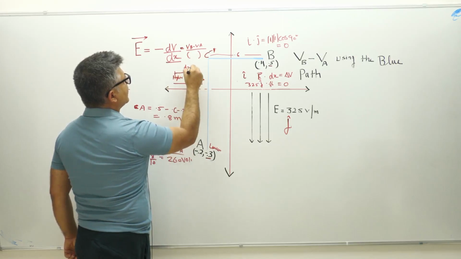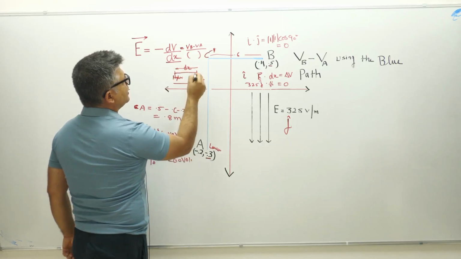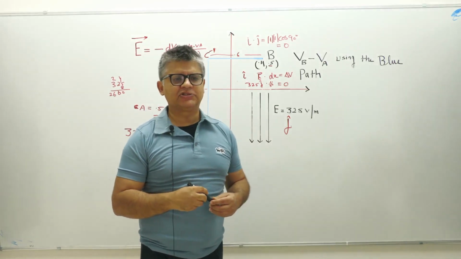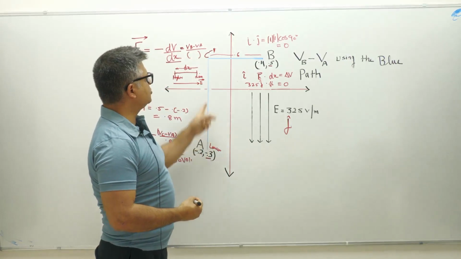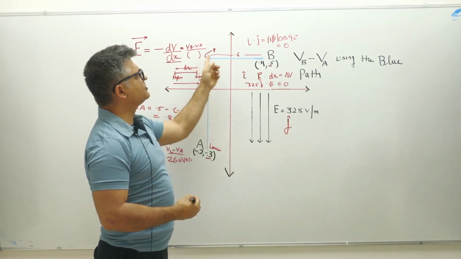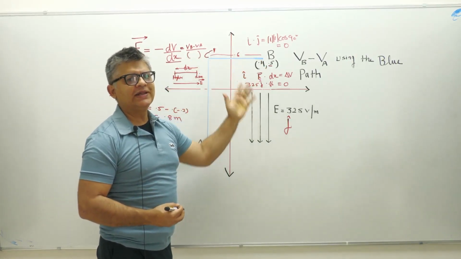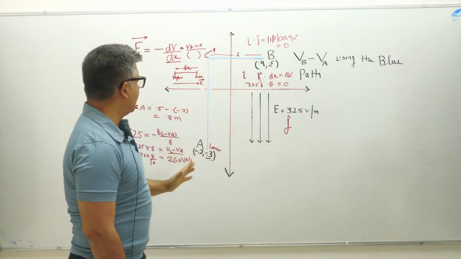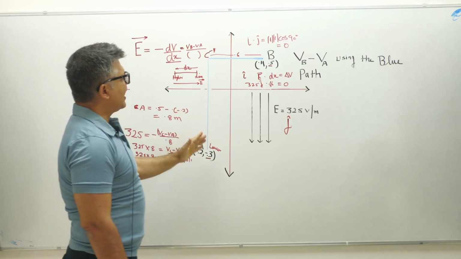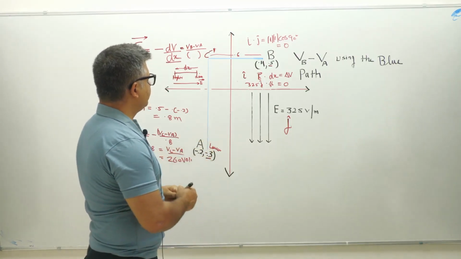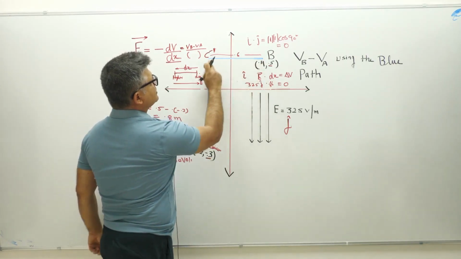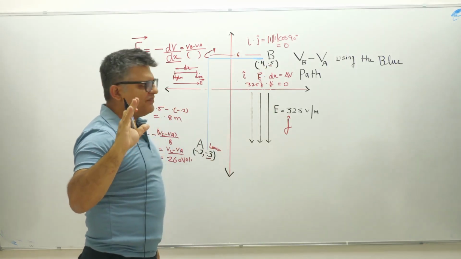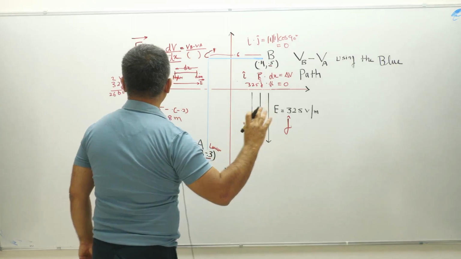And if you're moving from here to here, you're moving from lower potential to higher potential, resulting in gain of potential, right? So from A to C, I got a gain, and from C to B, I had absolutely nothing. So if I use a blue line, I can get the answer as 260 volt as the potential difference between A and B, because VCB yielded me nothing, right? VCB is equal to 0.